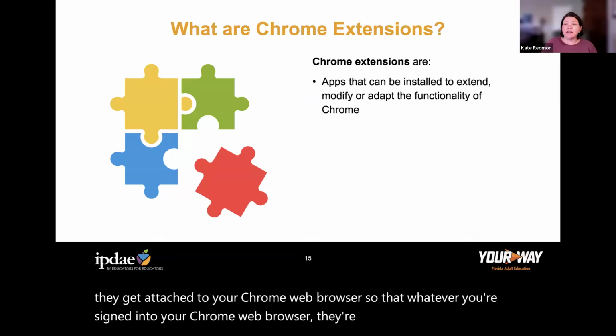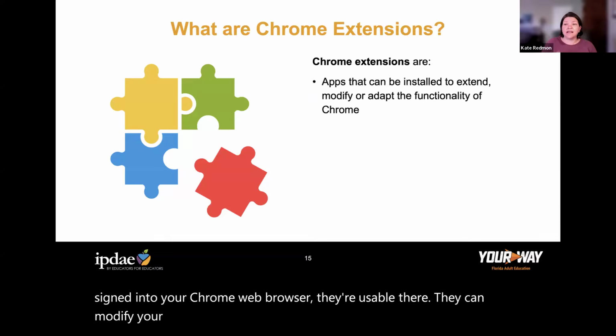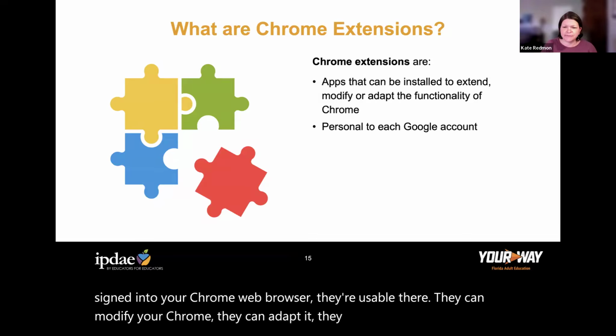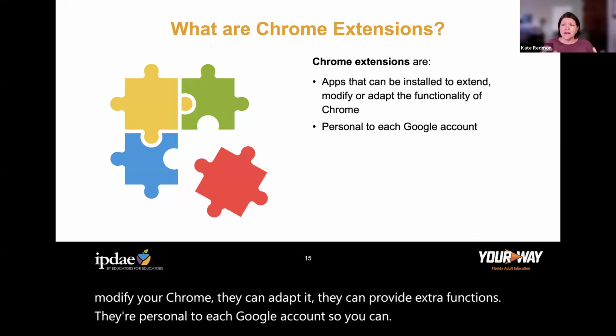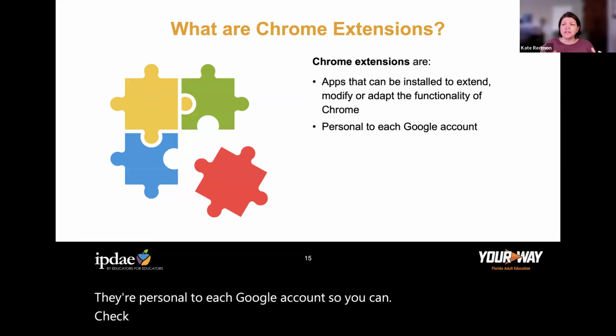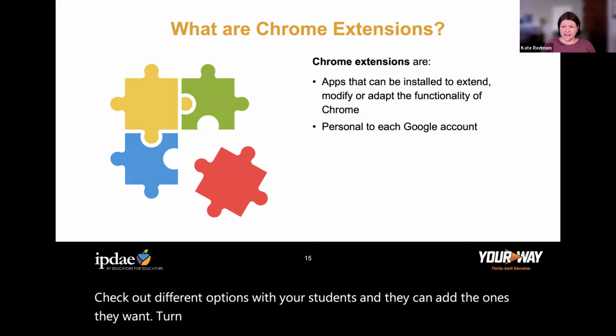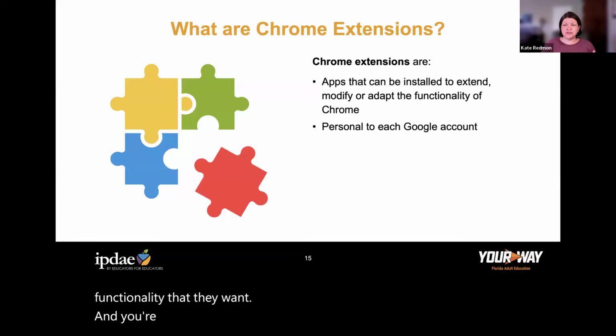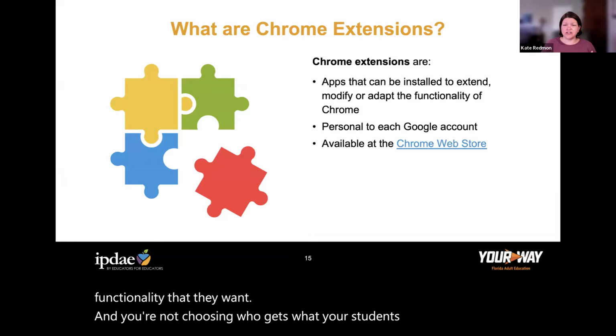They can modify your Chrome, they can adapt it, they can provide extra functions. They're personal to each Google account, so you can check out different options with your students and they can add the ones they want, turn them on and off as they desire. So they have all the functionality that they want. And you're not choosing who gets what, your students are choosing who gets what, and they're really in charge there.